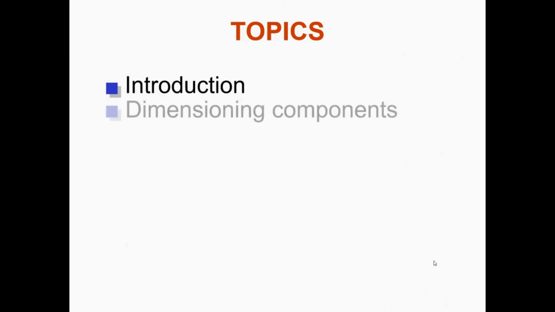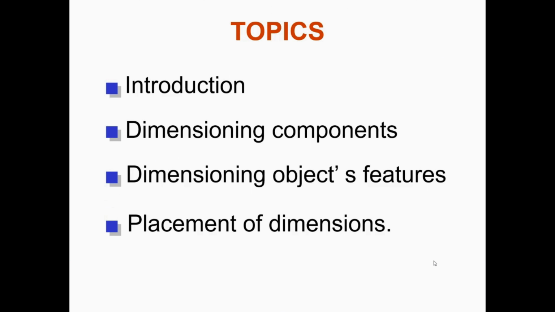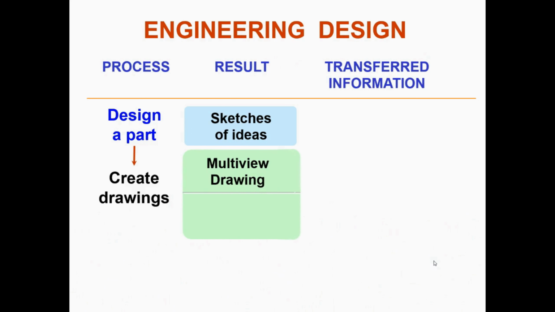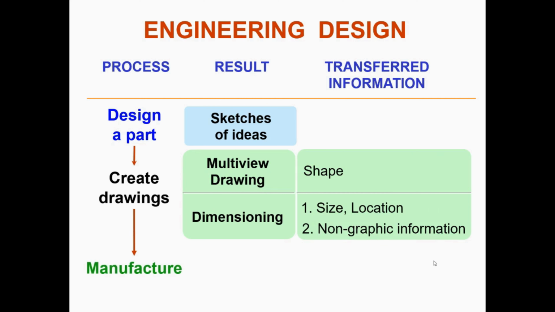Today's topic, we will look at the introduction. We will also look at dimensioning components, dimensioning object features, and how to place dimensions. Generally, when we talk about dimension, the idea is to communicate the design intent. Most of the time, whenever we draw, we want to send it to the manufacturer to manufacture our design part for us.